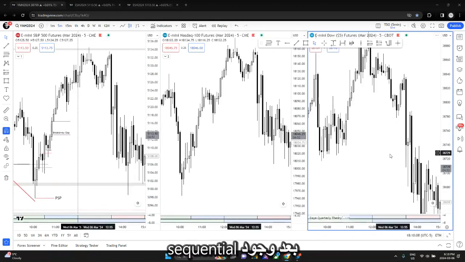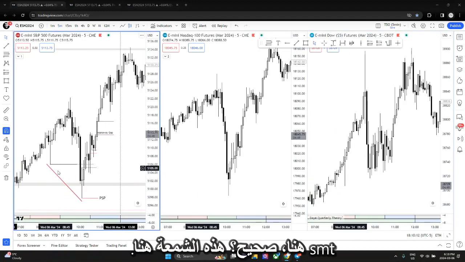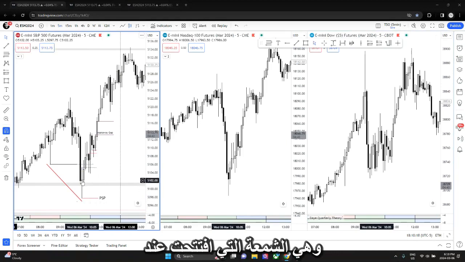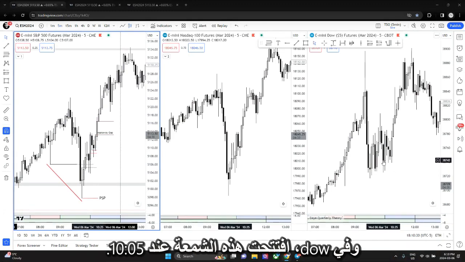So after there was sequential SMT, right here, this candle right here, which is the candle that opened at 10:05. In the Nasdaq, this candle opened at 10:05, and in the Dow, this candle opened at 10:05.